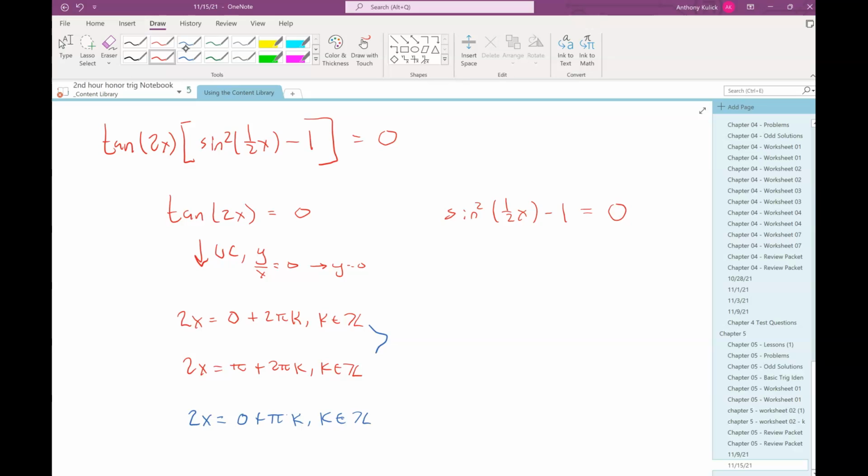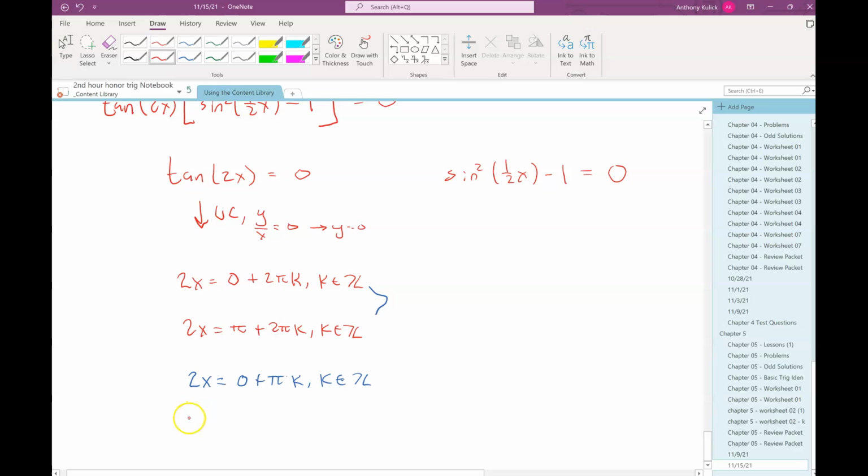So everybody see that though? The first equation is saying 0, 2 pi, 4 pi, 6 pi. The second equation is saying 1 pi, 3 pi, 5 pi, 7 pi. If you combine all those together, it's really just 0, 1 pi, 2 pi, 3 pi, 4 pi, 5 pi. Just going up by 1 pi's. So I can just combine them together into one.